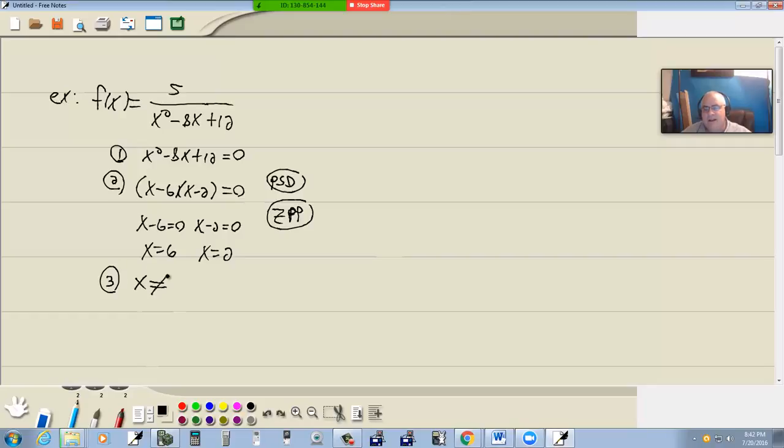So x cannot equal 6 and x cannot equal 2. Now if the homework requires you to put it in interval notation, we would go from negative infinity to our smallest number, union, our smallest number to our largest number, union, our largest number to positive infinity. And we'd have parentheses on everything.